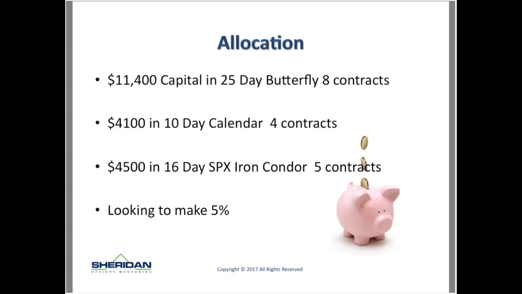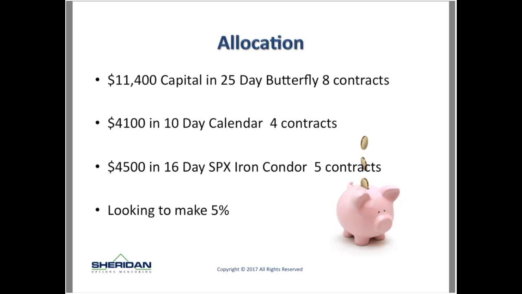So if we're doing an iron condor or calendar or butterfly, how many trades am I looking to put on per month? If I do a butterfly every week, how many per month? 4, right?